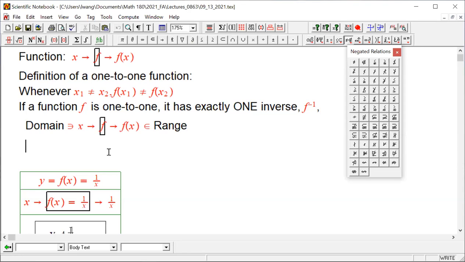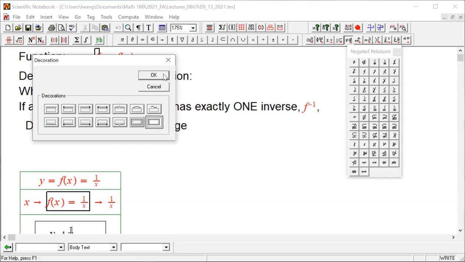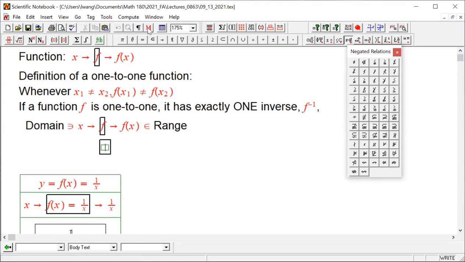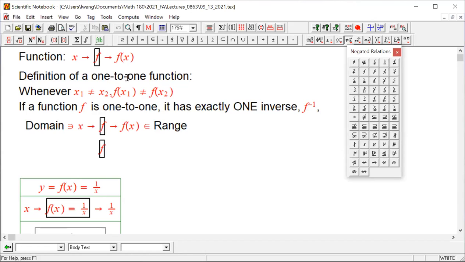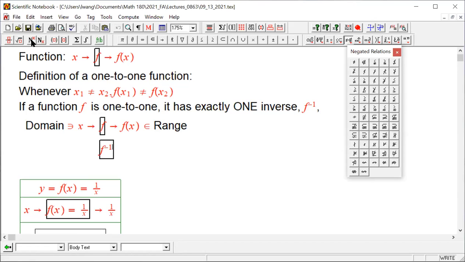The inverse function is also a rule, because it's a function too. The inverse function will take input and give output as well. Do you guys follow me?